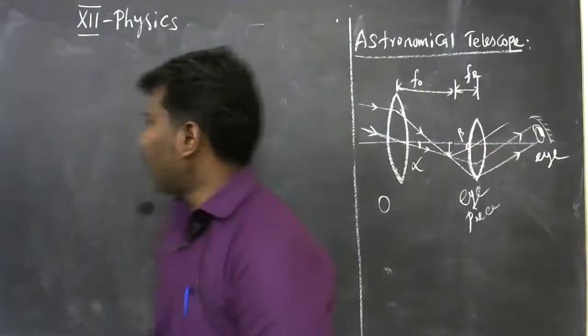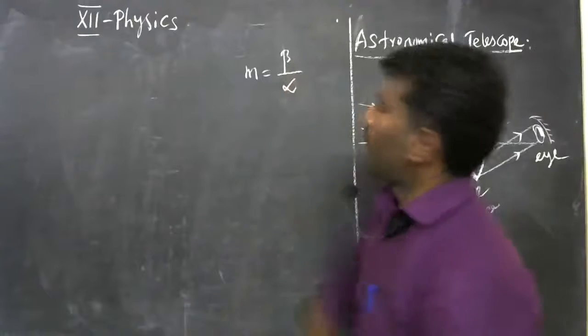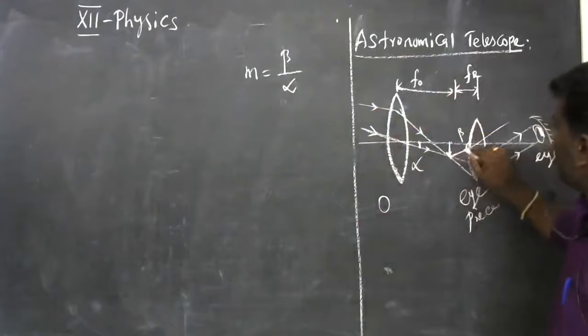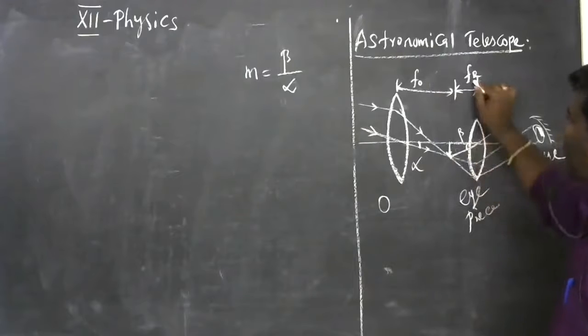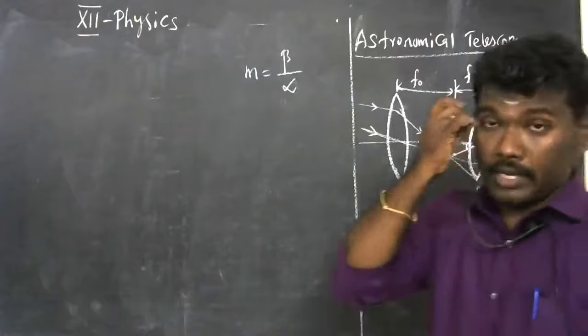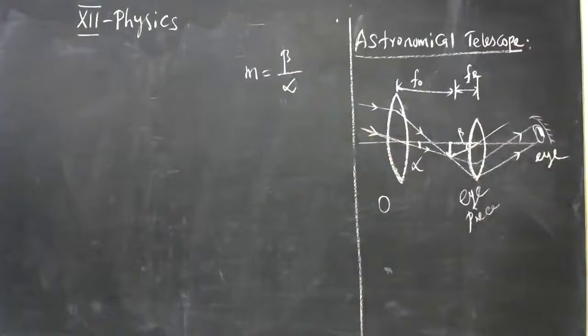So we can write the formula for magnification: M is equal to beta divided by alpha.